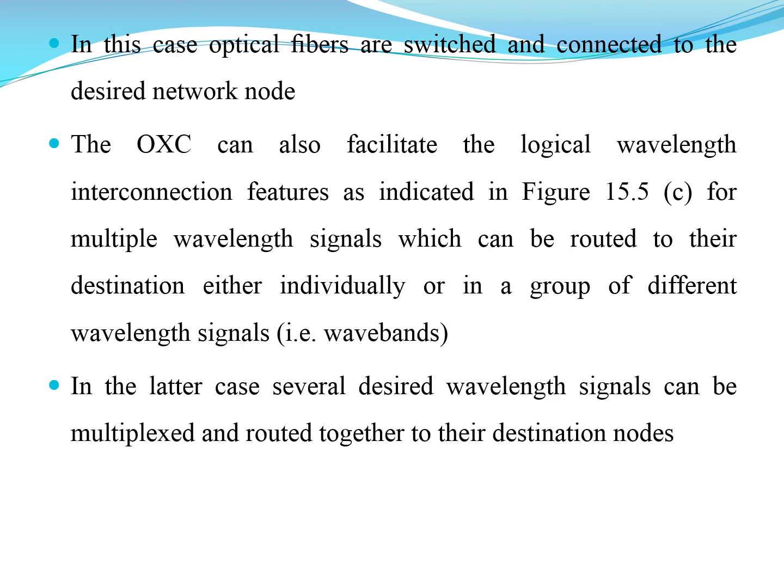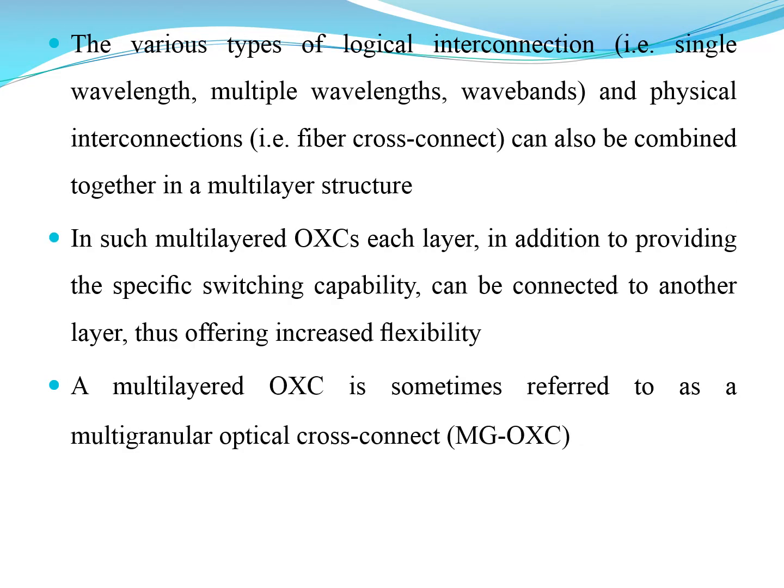So depending on this, we see that the desired wavelength signals can be multiplexed and routed together to their destinations. So the various types of logical interconnection, that is single wavelength, multiple wavelengths, and physical interconnection, can also be combined here in a multi-layer structure.